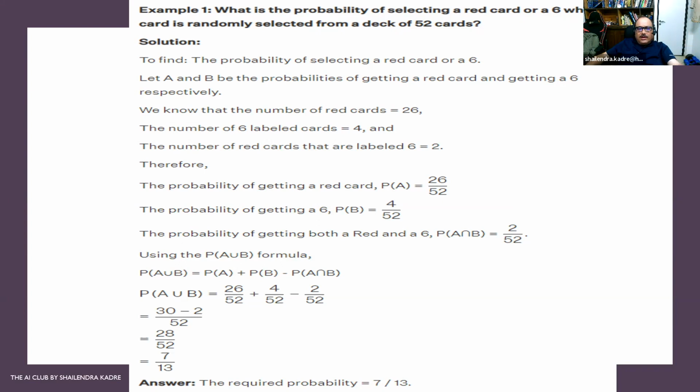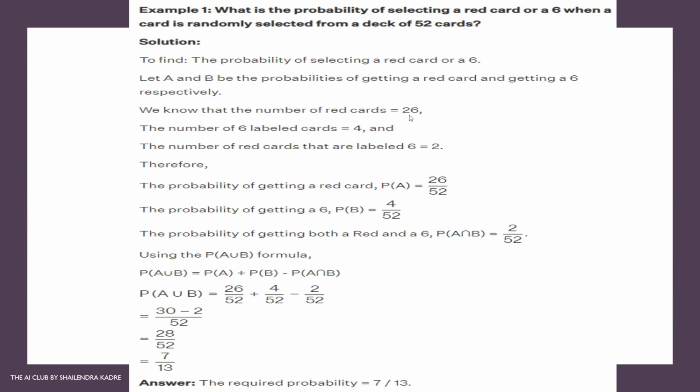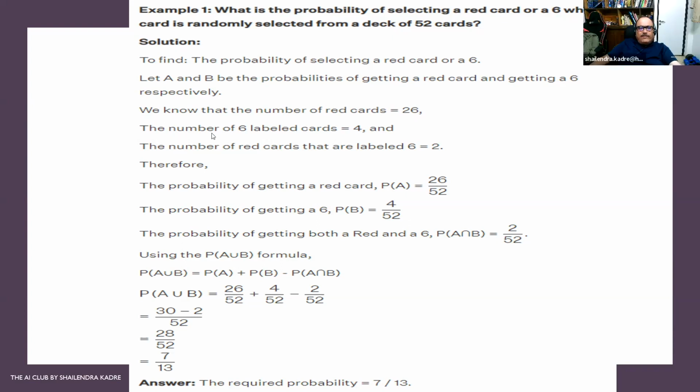Now how many red cards are there in a deck of 52? 26 are red cards, right? Out of 52, how many cards have the number 6 on them? 4 cards, one of each color.